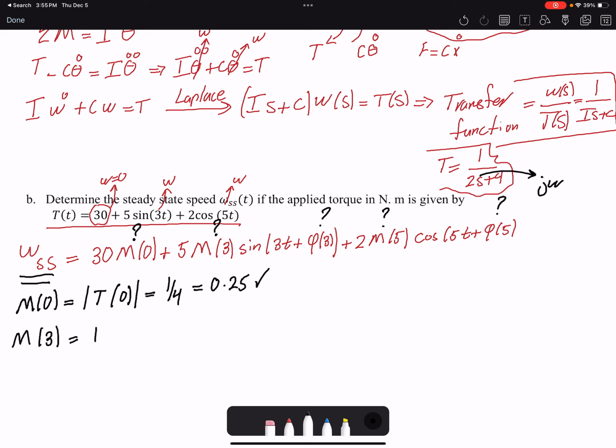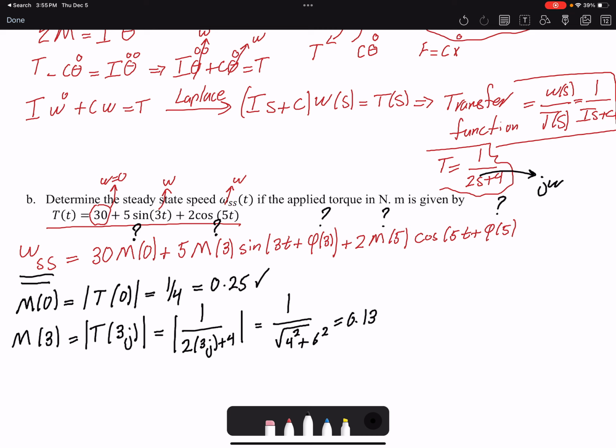And then I have to put 3j. So I replace all s with 3j. If you look at the transfer function, s would be 3j, plus 4. And then we're talking about the magnitude. So here I have 4 plus 6j, so 4 squared plus 6 squared, I would get 0.1387.